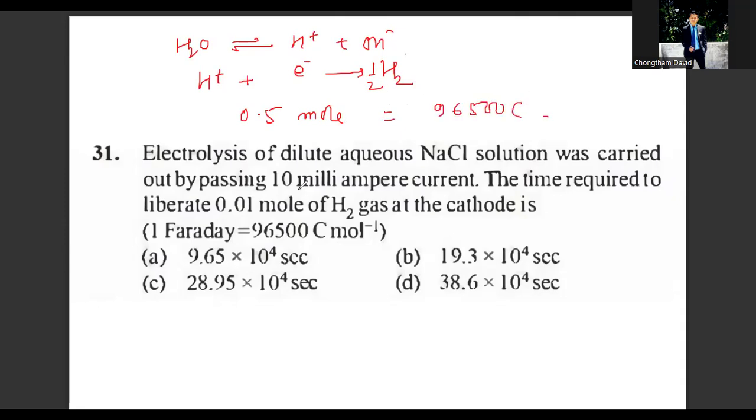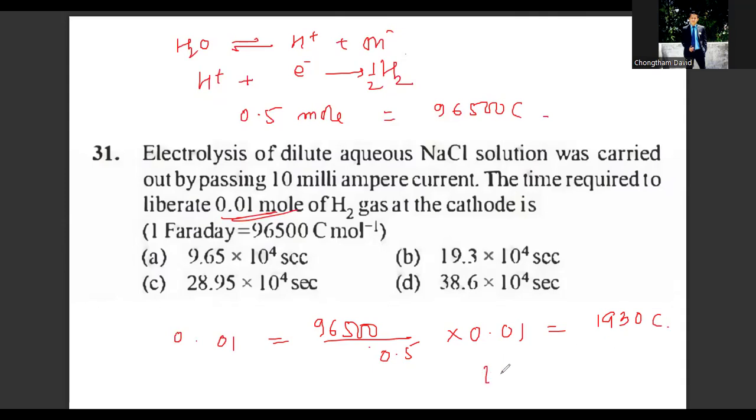96,500 coulomb. So what would be for 0.01? For 0.01 mole of hydrogen gas, how much charge would be liberated? You have to follow the unitary method. All right, 0.5 into 0.01 gives the answer. You have the charge approximately 1930 coulomb.